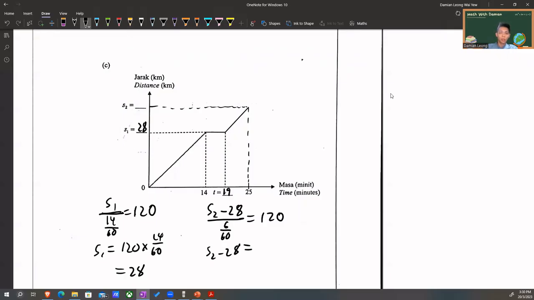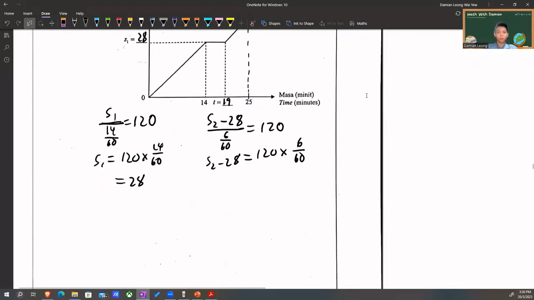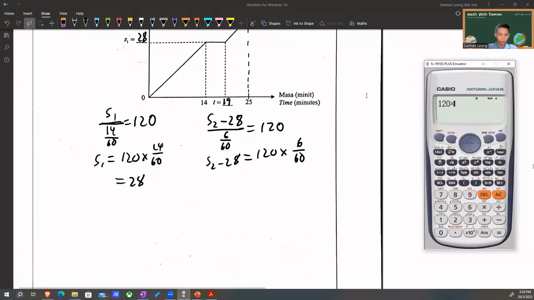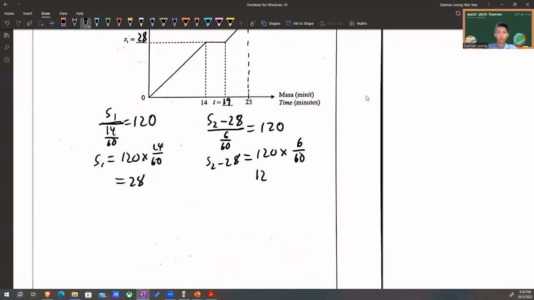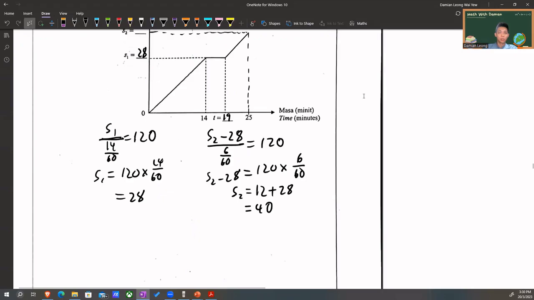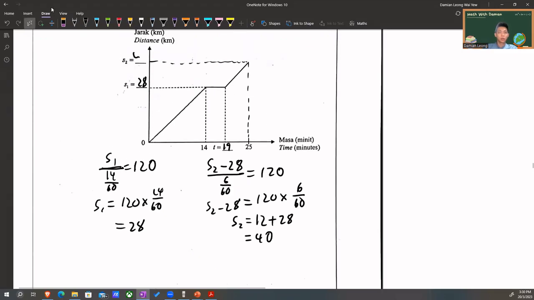S2 minus 28 is 120 times 6 over 60. 12, bring over the 28, minus opposite plus, which is 40. So here is 40. Yeah, that's the complete graph. Okay.